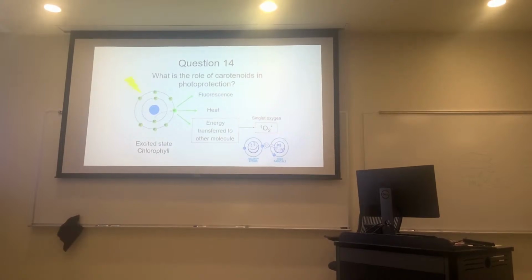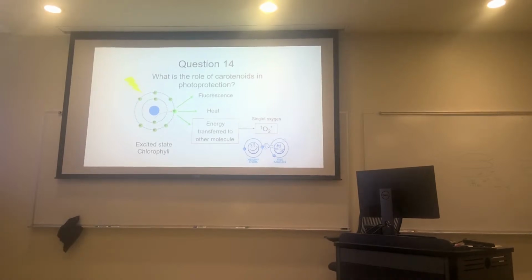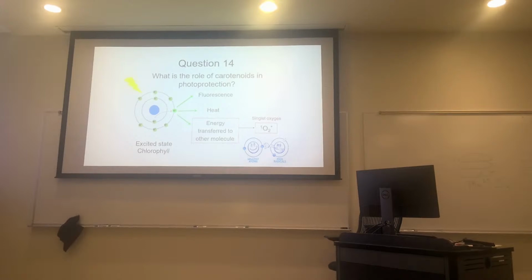So it's easier for the plant, if it has too much energy, to deal with it using carotenoids. Chlorophyll cannot deal with it, so the carotenoids will absorb some of that energy and then eventually transfer it to chlorophyll.